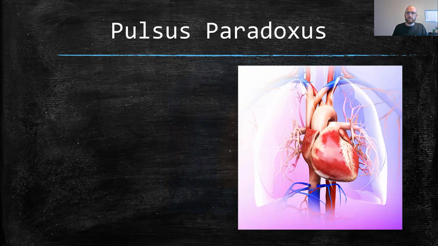All right, so pulsus paradoxus. I said anytime you have pressure building up inside the chest, whether it's a cardiac tamponade, which we're also going to talk about, or the tension pneumothorax, or the air trapping of a really bad COPD or asthma patient, there's pressure building up inside the chest. And as that pressure builds, whether it's one side like a pneumo or two sides like cardiac tamponade, if we then take a breath in, all we're doing is putting even more pressure inside the chest.